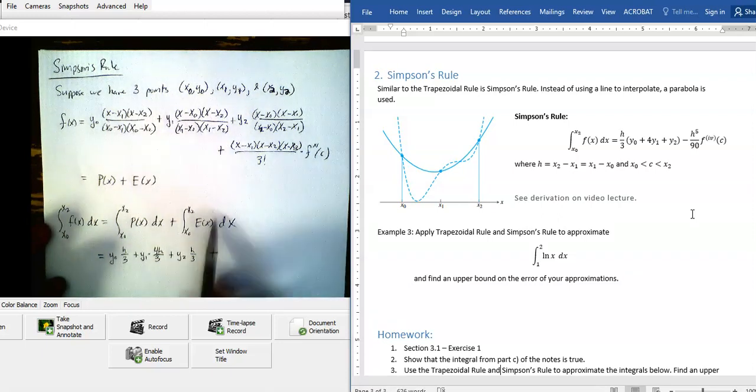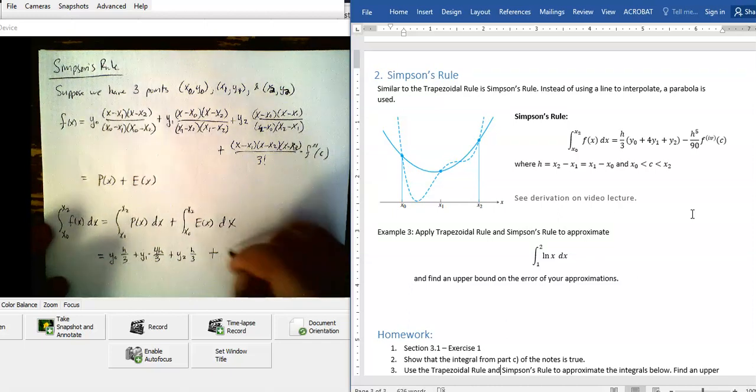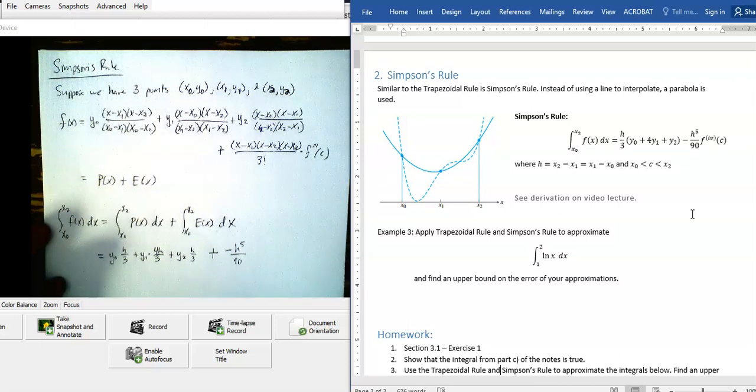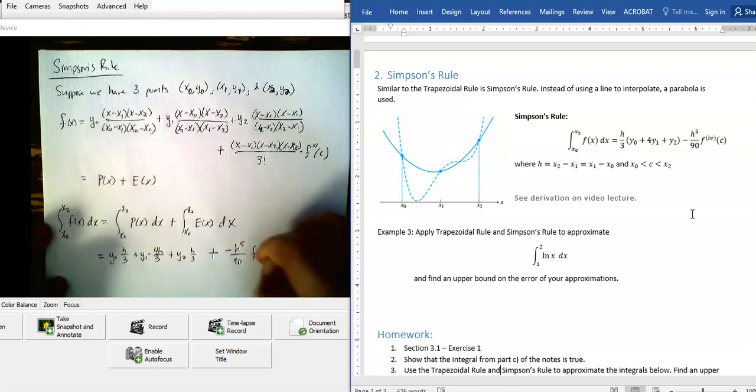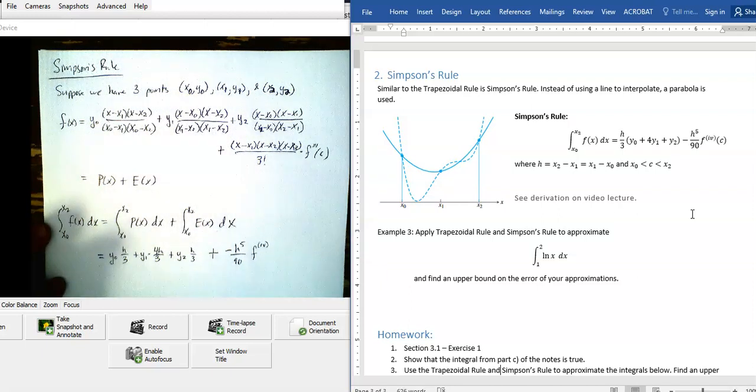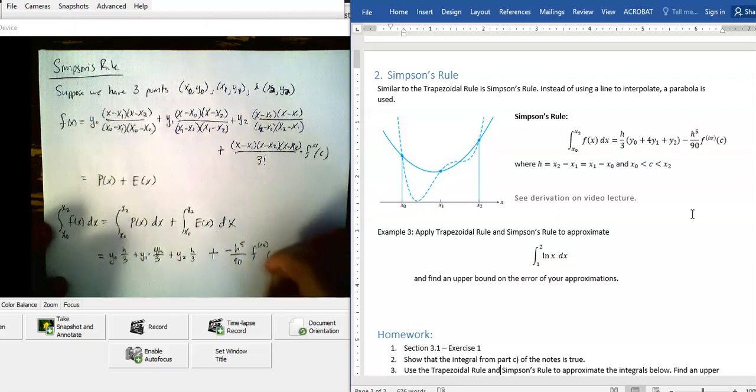Plus, our error term ends up being negative h to the 5th over 90 f quadruple prime of c.